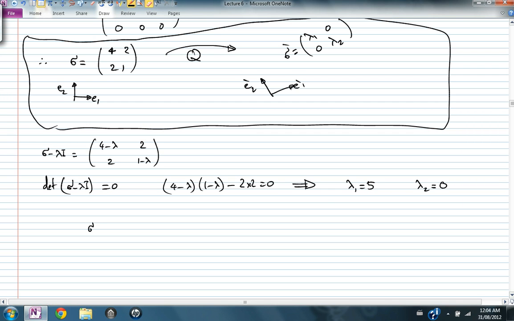So sigma x equals lambda 1 x, what is x?